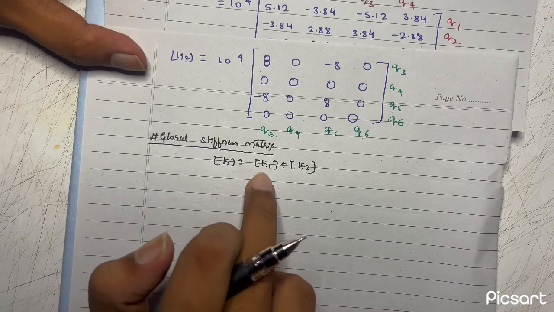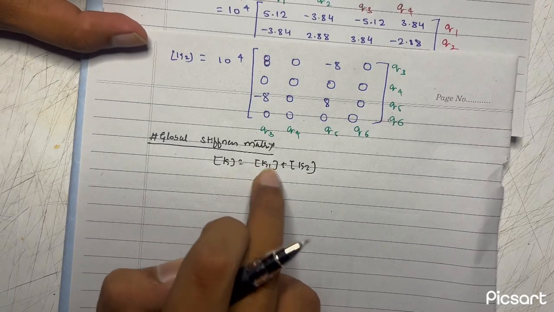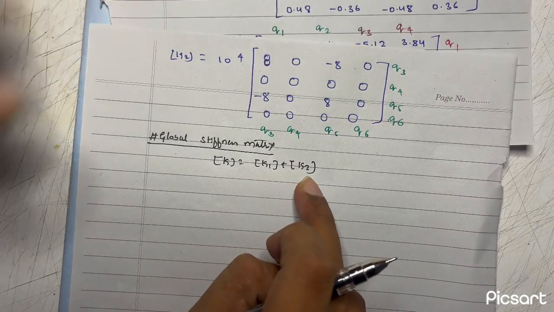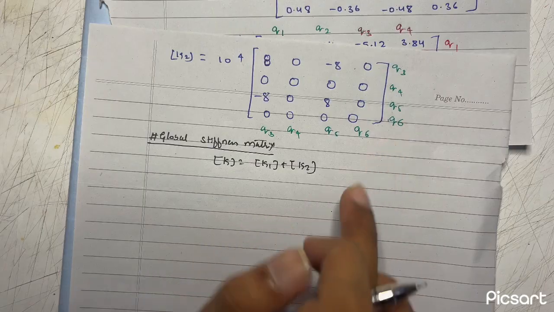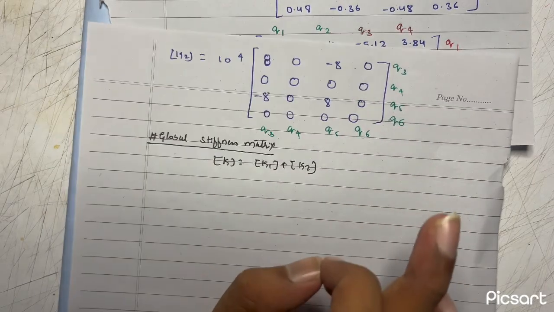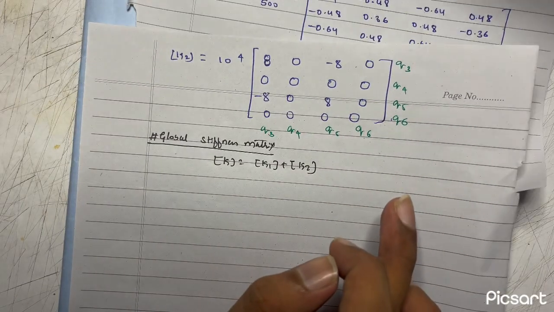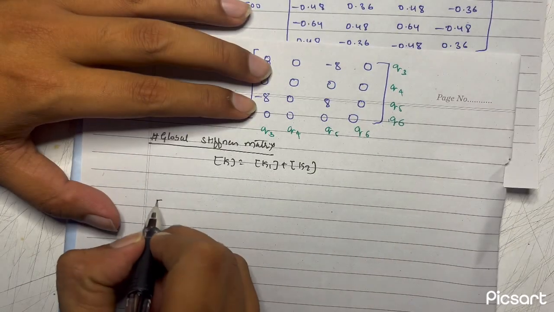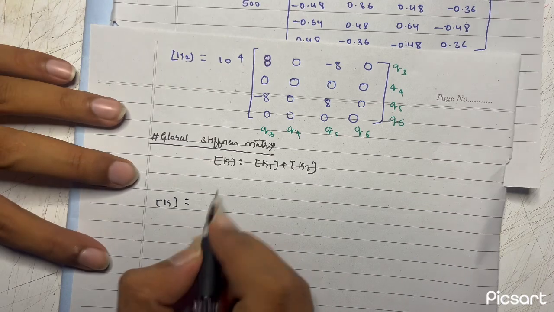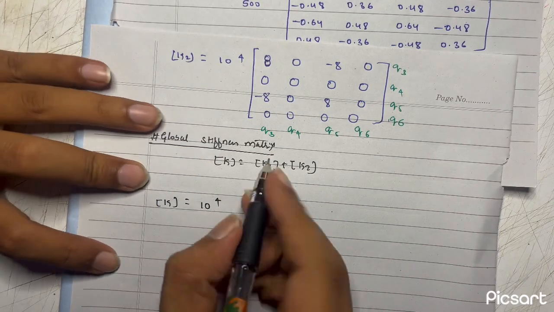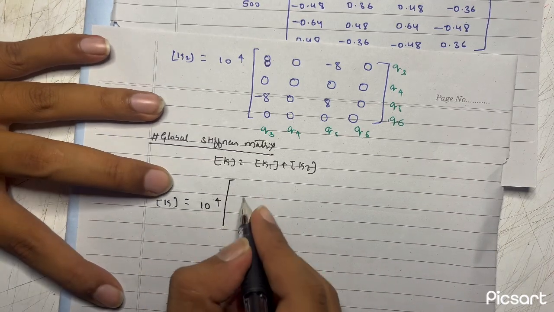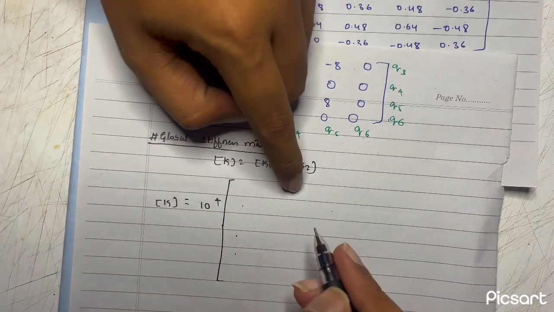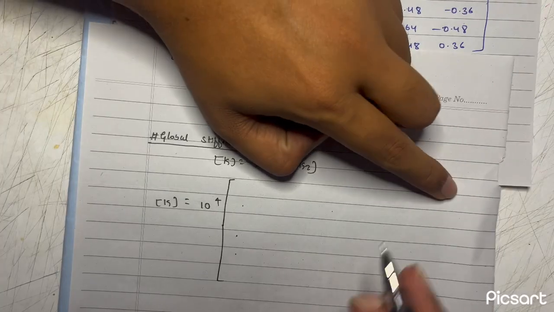K1 is a 4x4 matrix, K2 is a 4x4 matrix, and here we have a total of 6 displacements, Q1, Q2, Q3, Q4, Q5, Q6. So we'll get a 6x6 matrix now. First, K is equal to 10 raised to 4 common. I will construct a 6x6 matrix first, with 1, 2, 3, 4, 5, 6 along the rows and also along the columns.